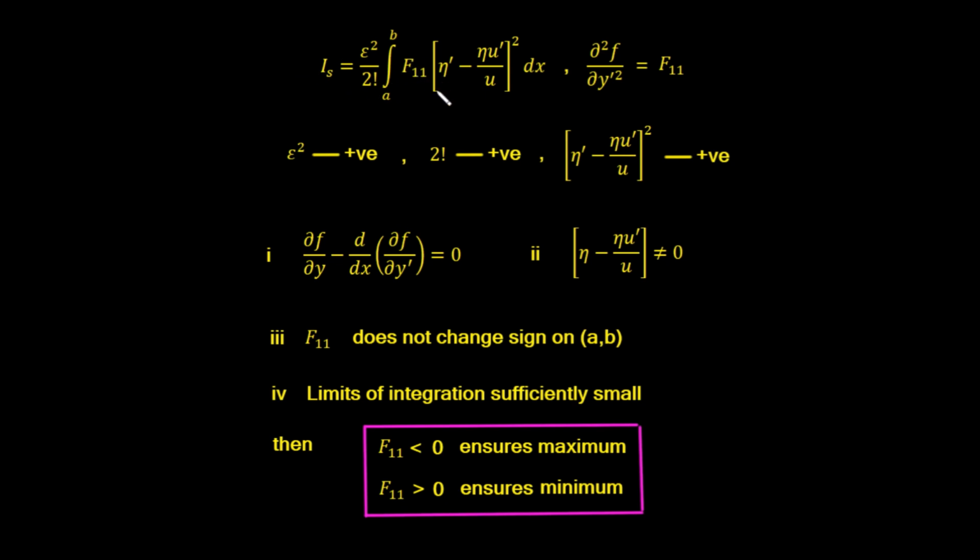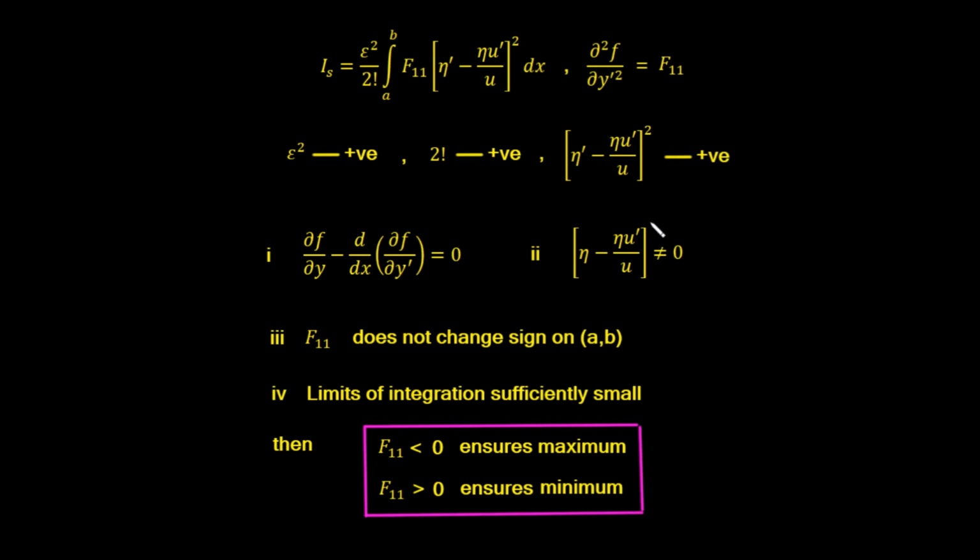So we don't want f11 changing over that interval AB. Now, the limits of integration are sufficiently small. Again, we've not talked about that, and we'll talk about that in some other video, but we'll just accept that for the moment.